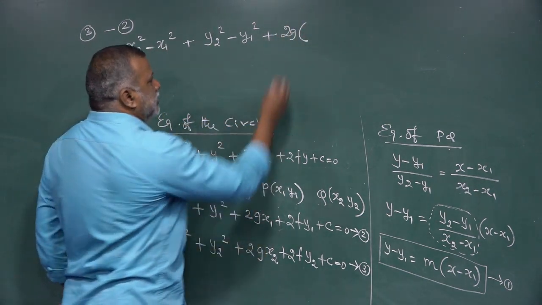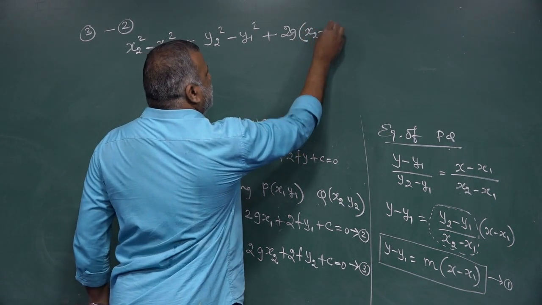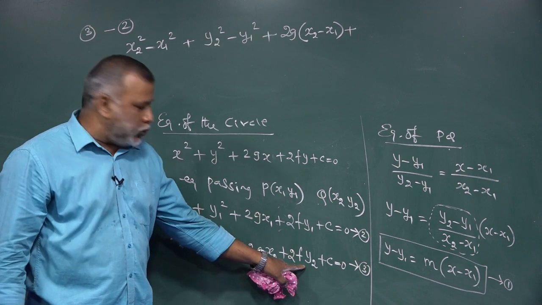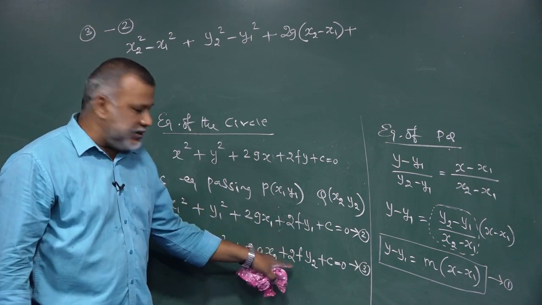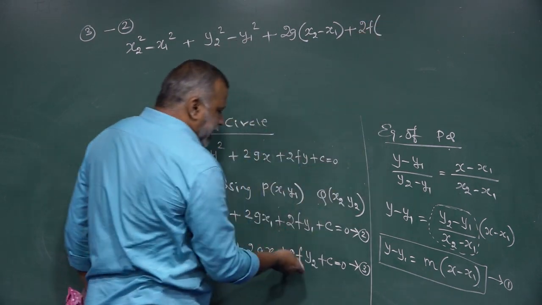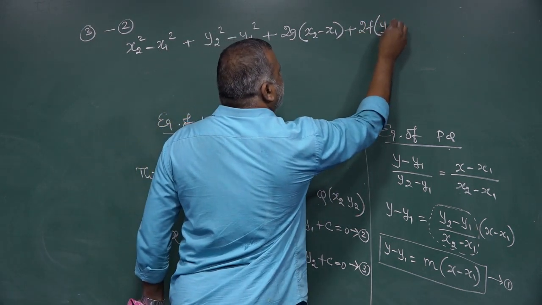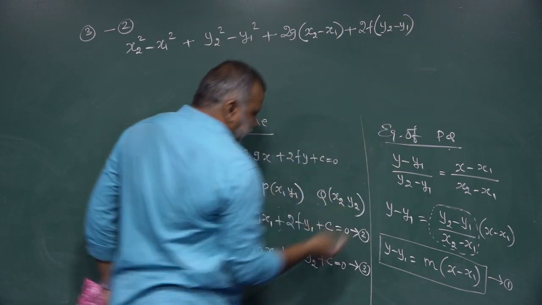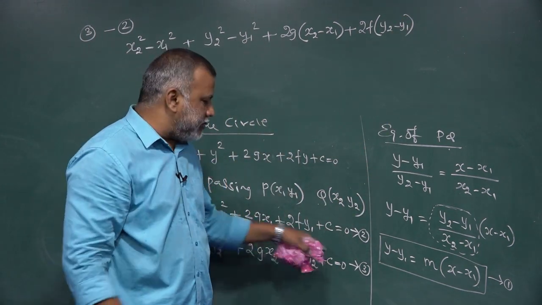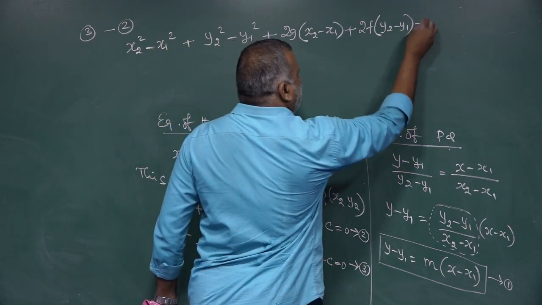The remaining is x2 minus x1. In the same way, 2f(y2) minus 2f(y1). From this I can take 2f as common. The remaining is y2 minus y1. The last one here is also the constant c. Here c minus c becomes 0, equal to 0.